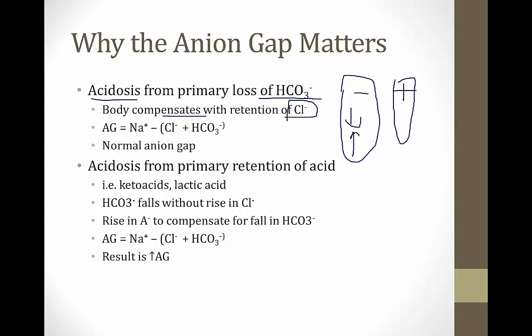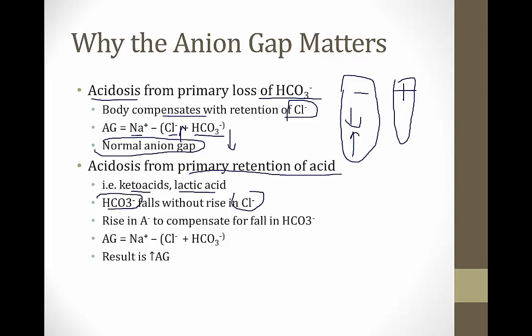So the anion gap is sodium minus chloride plus bicarb. If your acidosis is from the loss of bicarb, but then you retain chloride, the result is that the anion gap remains normal. On the other hand, if you have an acidosis from primarily the retention of an acid, for example keto acids or lactic acid, the bicarb will fall without a rise in chloride.